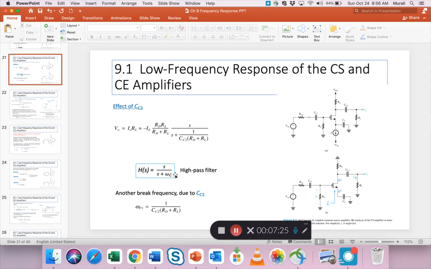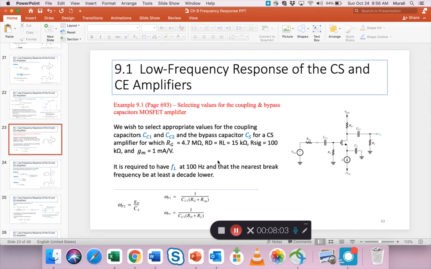To track that breakpoint we saw this method, where, for example, for omega p3 or fp3, because of this coupling capacitor CC2, the breakpoint frequency can be derived as 1 by RC. But R and C are slightly more involved. Of course, there's only one C, but R generally is a product or sum of 2 or 3 different resistances. So that's all we did so far.